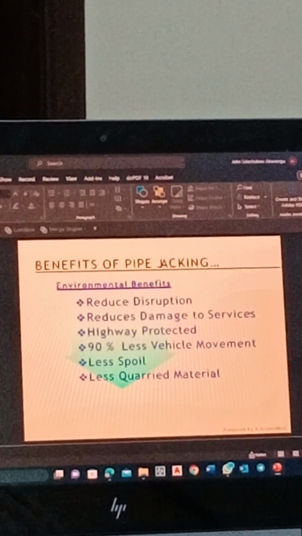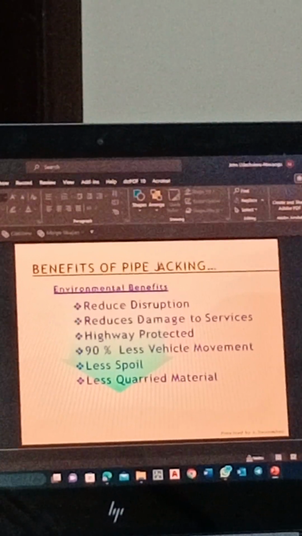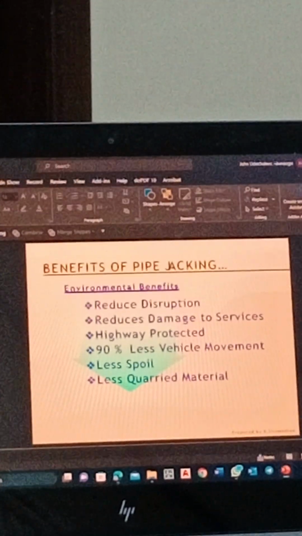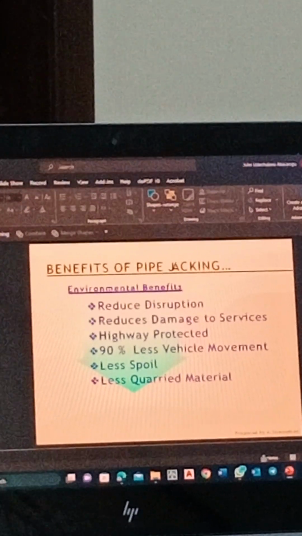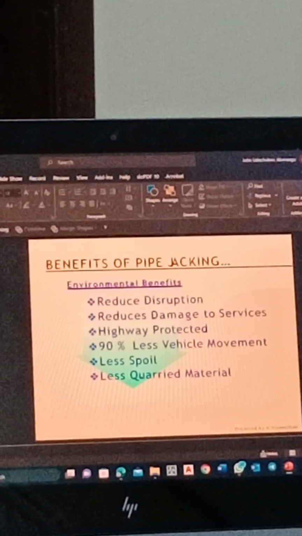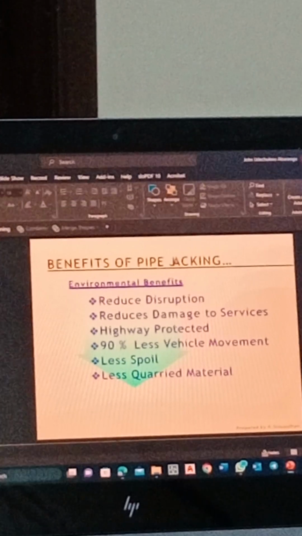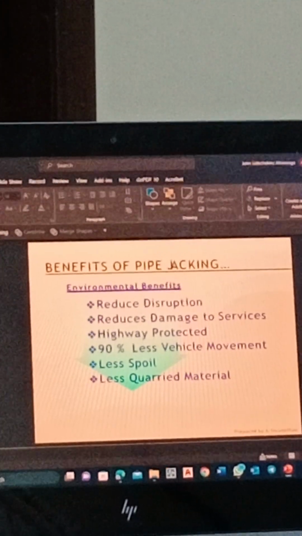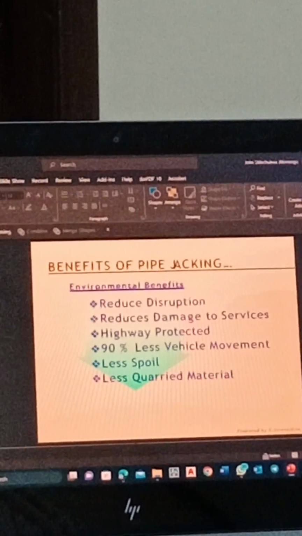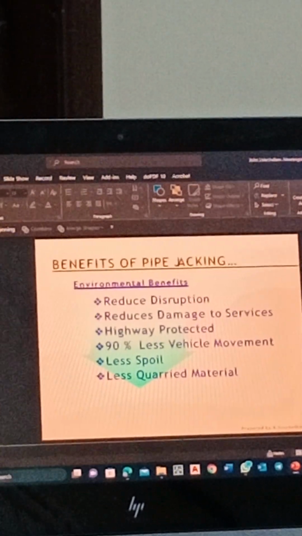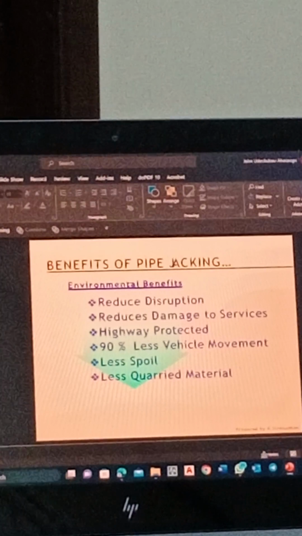So when you see Globe constructing a dualized road, they make provision. They dig a particular distance and cast it along the whole stretch of the road, so that all they need to do is insert their cables along. Globe will bury the pipe, cover it, and concrete it along the entire stretch.